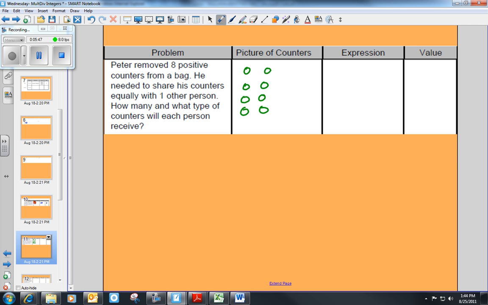He needed to share his counters equally with one other person. So there's 2 people, him and one other person. How many and what type of counters will each person receive? So if there's 2 of them, we're going to split this in half. Here's my picture of my counters. I could have also gone this way and done 2 groups this way.